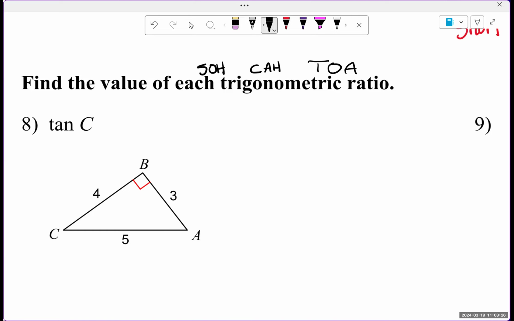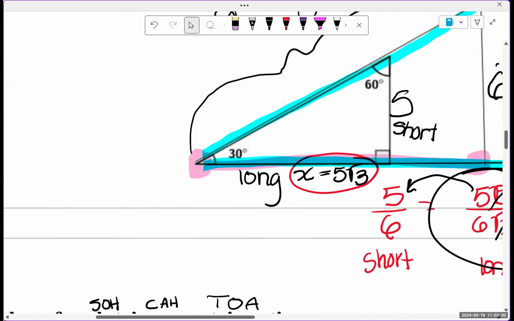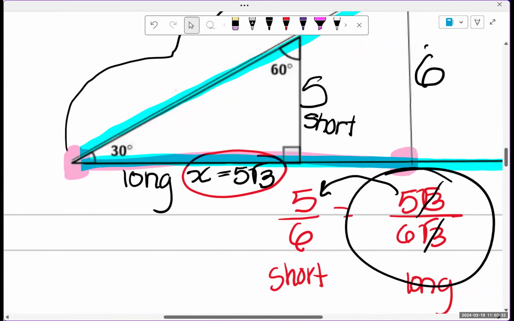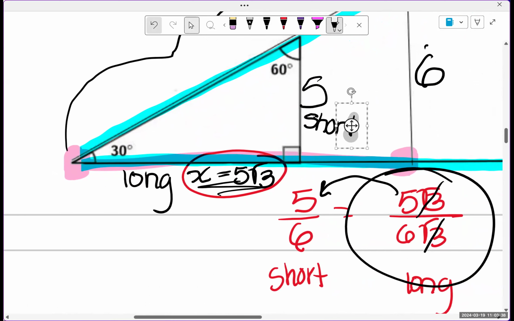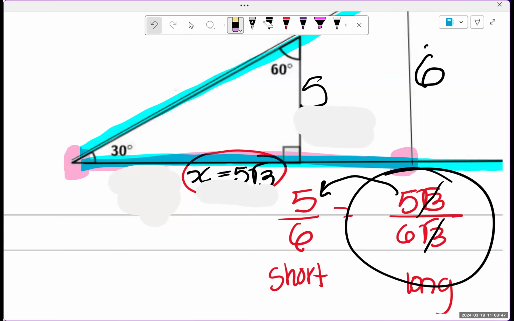Okay, let's take a look at this. Let me clean it up a little bit. According to SOHCAHTOA, the sine of angle 30.